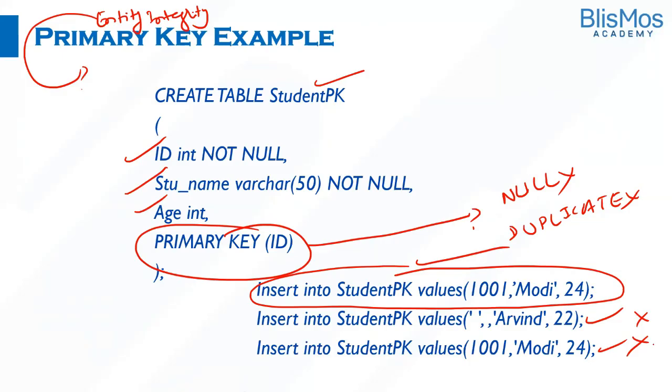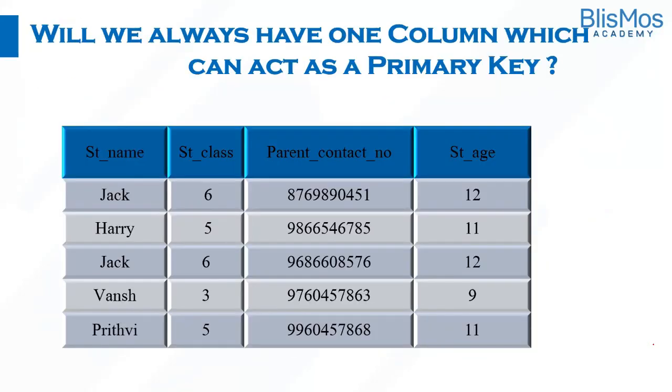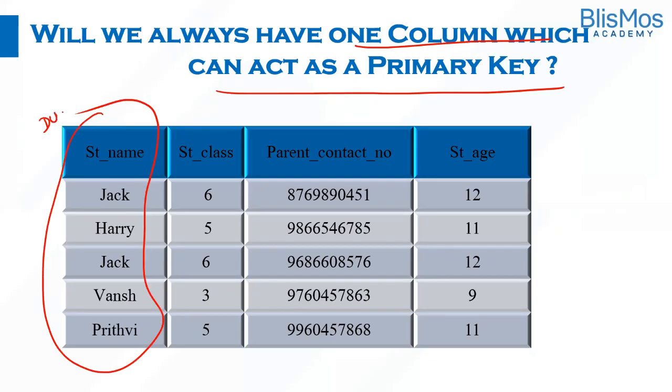We understood that entity integrity is enforced by a primary key, but the question is, will we always have one column which can act as a primary key? Not always. Let us take this example here. See, you have a student name. This also can be duplicate. We have another column.